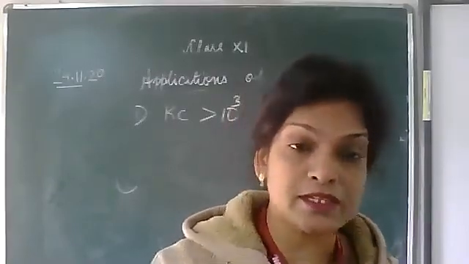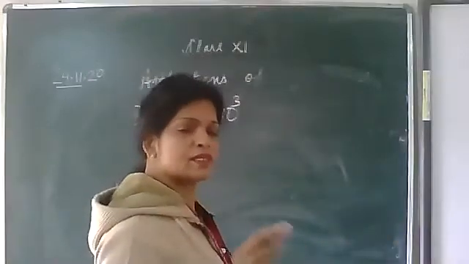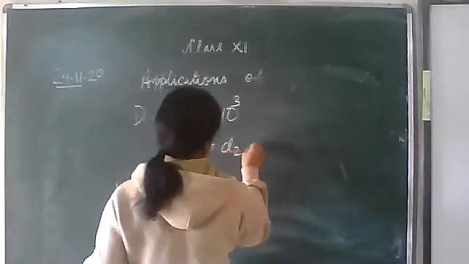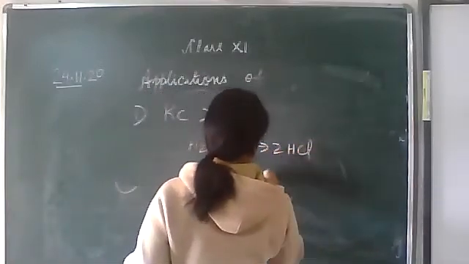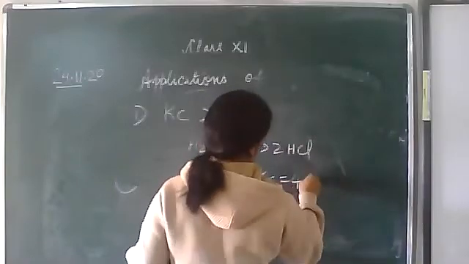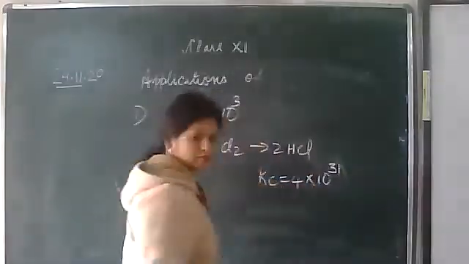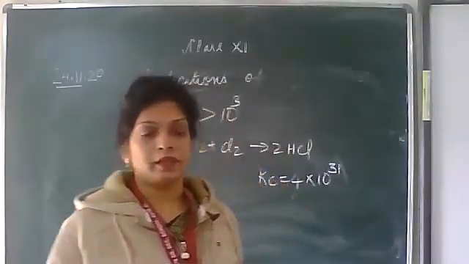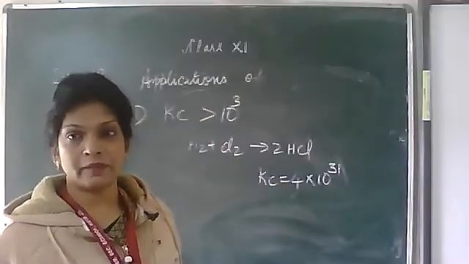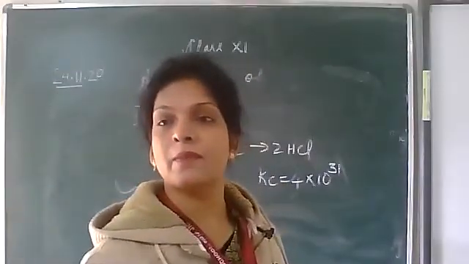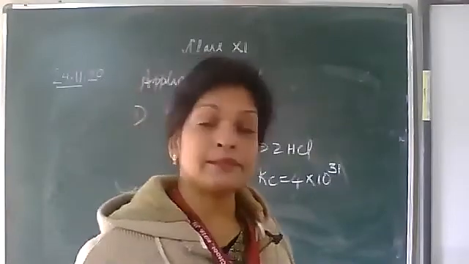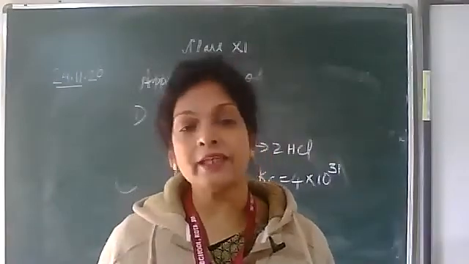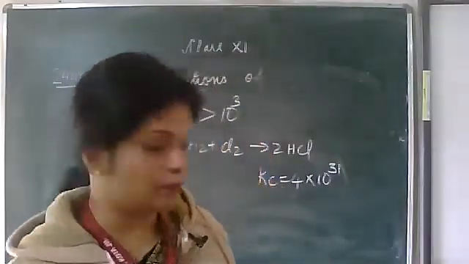For example, H2 plus Cl2 gives 2HCl. Its Kc value is 4 into 10 to the power 31. See, very big value, greater than 10 to the power 3. Such reactions get completed almost fully.